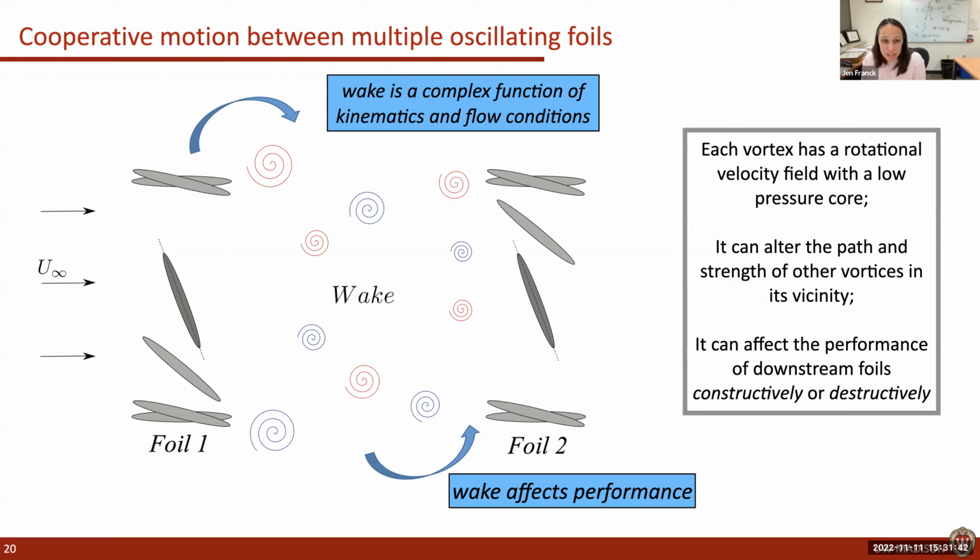So the wake patterns that are developed are going to depend on those kinematics, right? How high have I pitched it? What's my angle of attack? Which one of those 3 colored regimes am I in? And then the second foil, its performance is going to depend on how it interacts with those vortex wake structures.